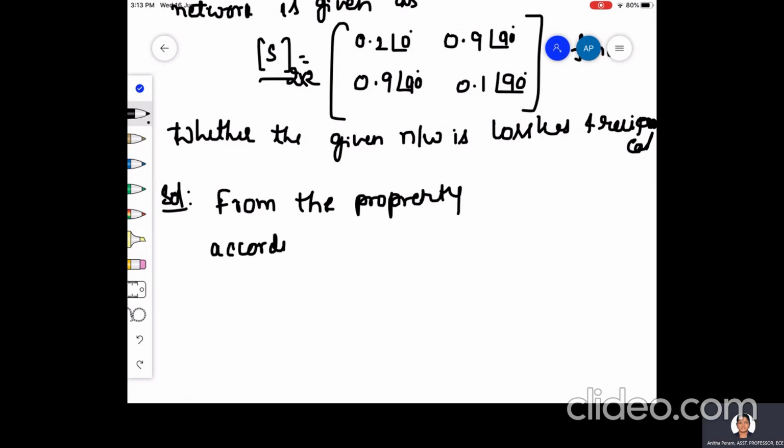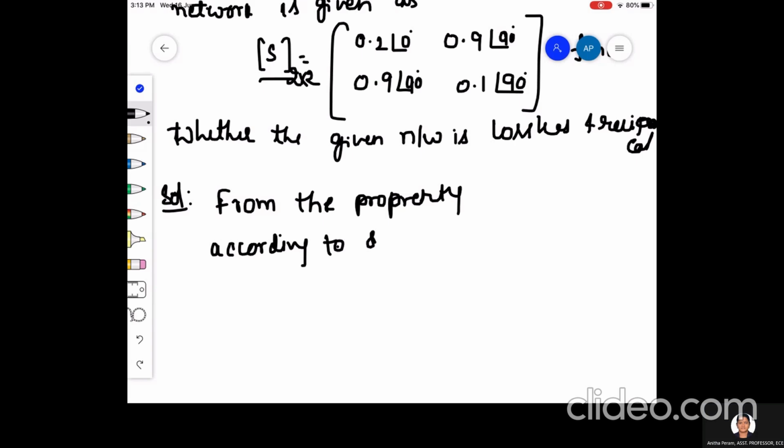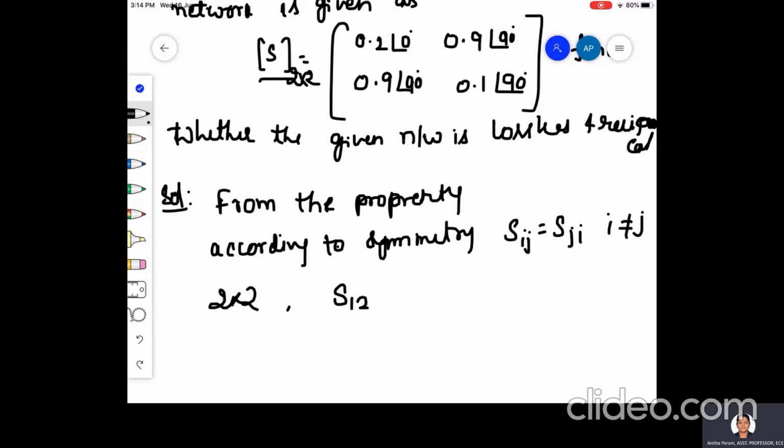According to the symmetry property, Sij must be equal to Sji under the condition i not equal to j. As it is a 2 cross 2 matrix, you need to verify whether S12 is the same as S21.